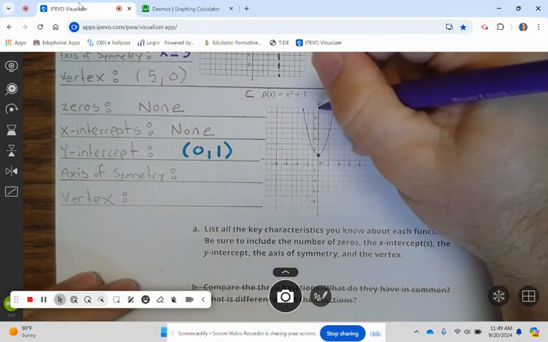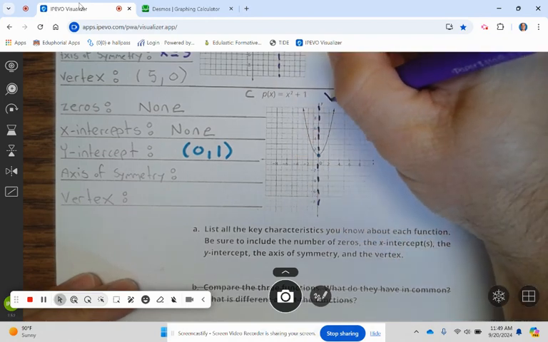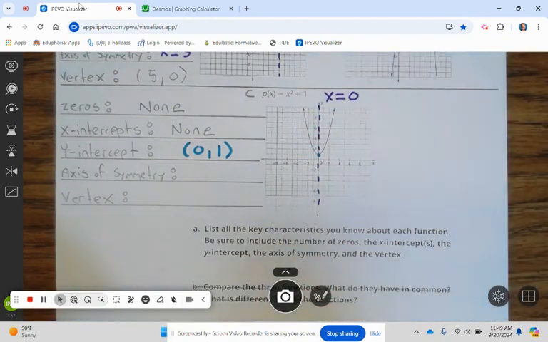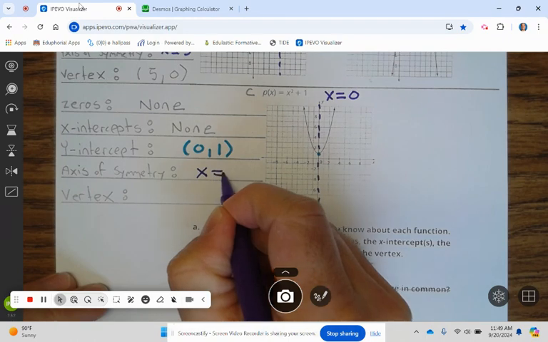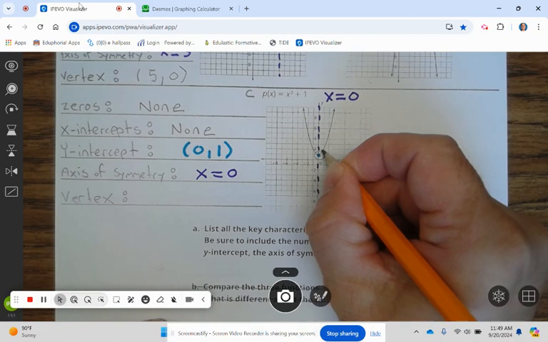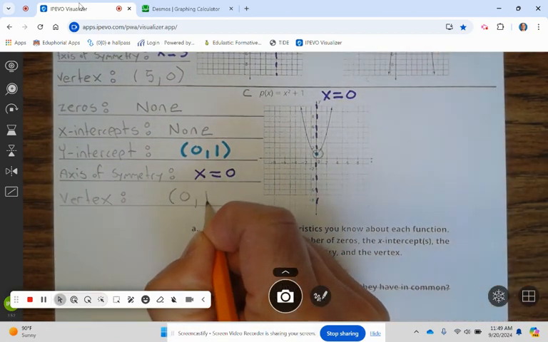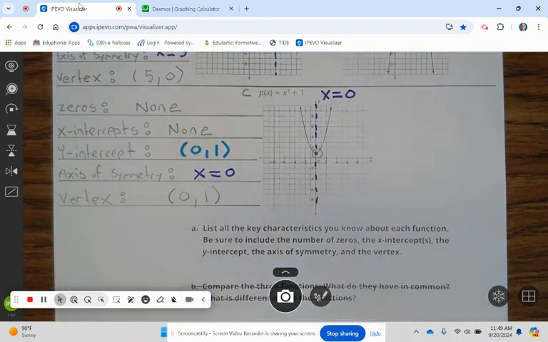The axis of symmetry is what cuts the graph in half. So in this case, it's x equals 0. All right, and then the vertex is this point right here, which is 0, 1. All right, go ahead and finish up 1A and 1C and work 1B.